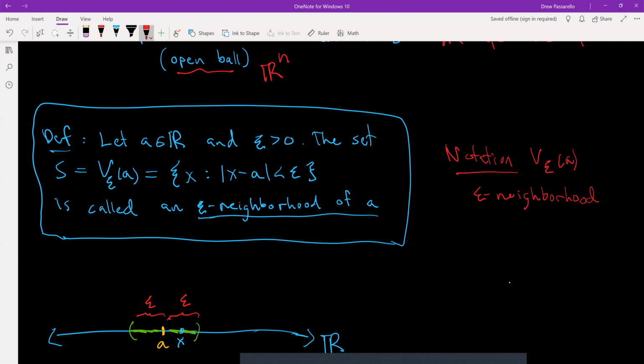And a is like our center, and epsilon is the radius.